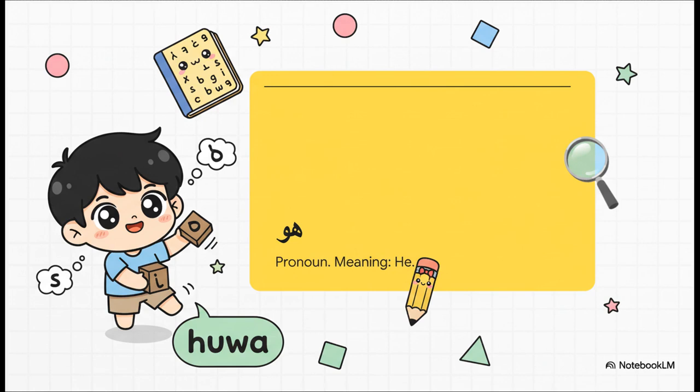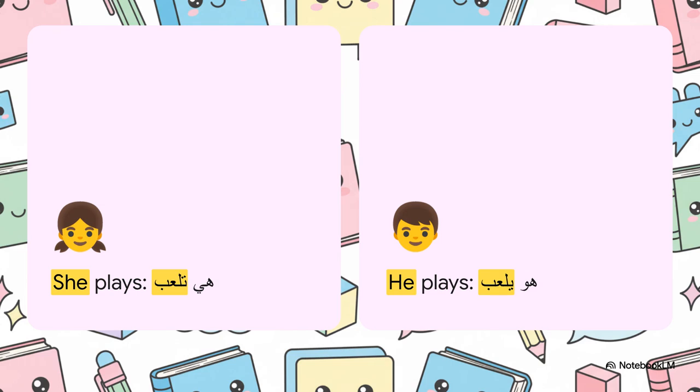That's pronounced huwa. Now, here's something really cool, so pay close attention. With she, the verb is talab. But when we swap in huwa for he, the verb becomes yalab. Did you catch that tiny difference? That T sound for her and ya sound for him is a super common and incredibly useful pattern in Arabic. So huwa yalab means he is playing.